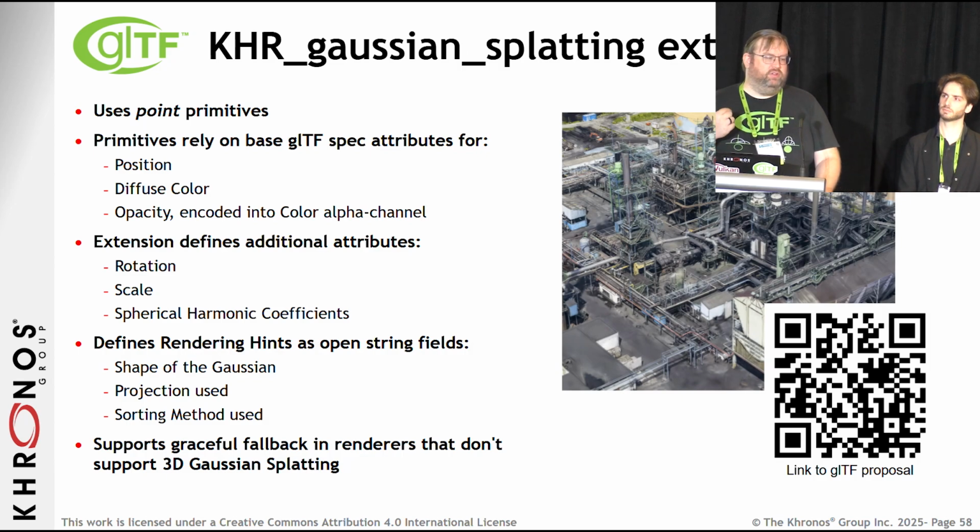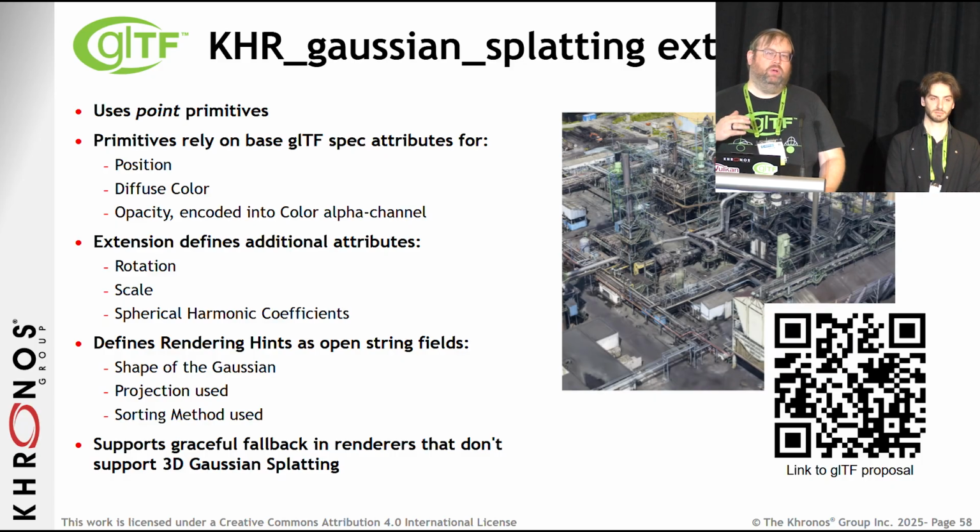That allows for graceful fallback in those renderers that don't support Gaussian splatting at first. If you load up a glTF there, you'll still see something. You'll see that very sparse point cloud. But it won't use the additional attributes that are used to render the splat.